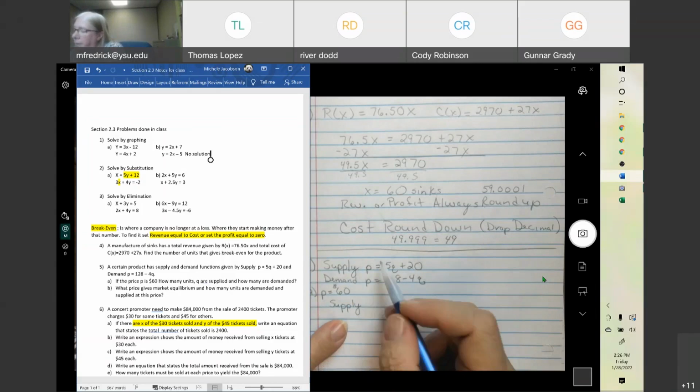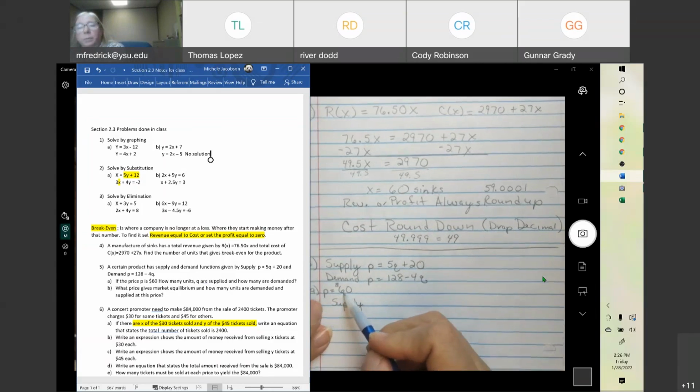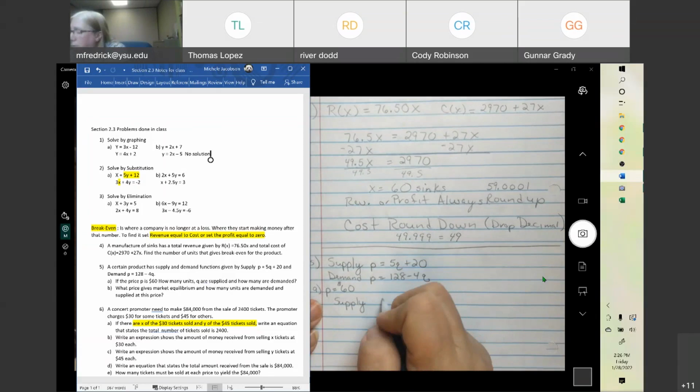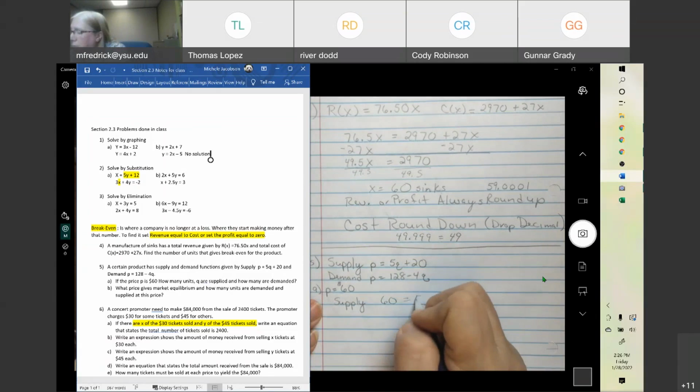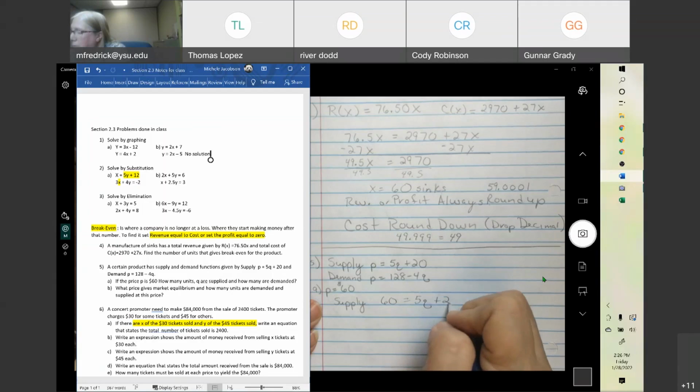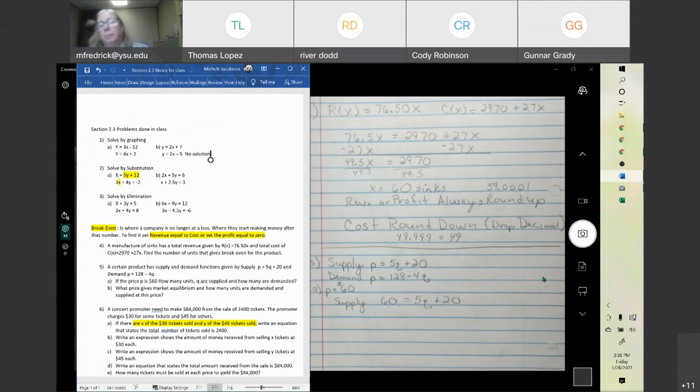So for our supply, they gave us P, so we plug P into the equation. And then solve. If we plug 60 in for P, what do we get for our quantity?